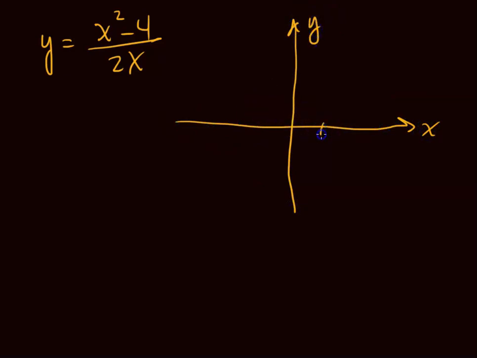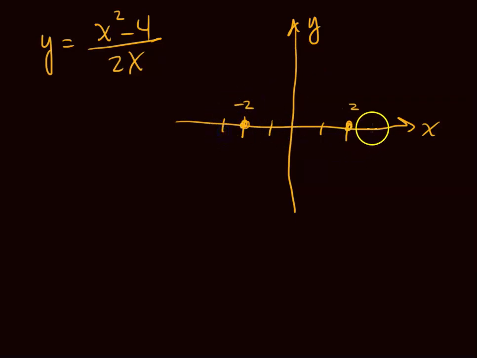The x-intercepts are 2 and negative 2. There is no y-intercept, so it'll never cross the y-axis. So it probably approaches it and then goes to infinity or something here.